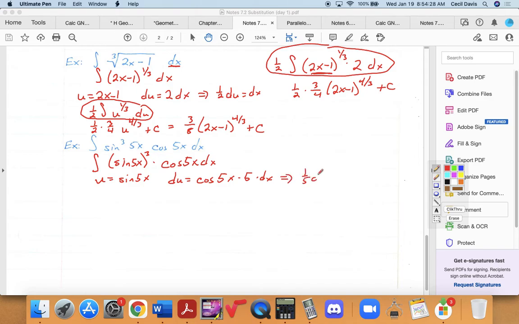So we'll have 1/5 du is equal to cosine of 5x dx. So now we've got the integral of u cubed times 1/5 du. So this is 1/5 times 1/4 of u to the 4th plus c. So that's 1/20 of sine of 5x to the 4th plus c.